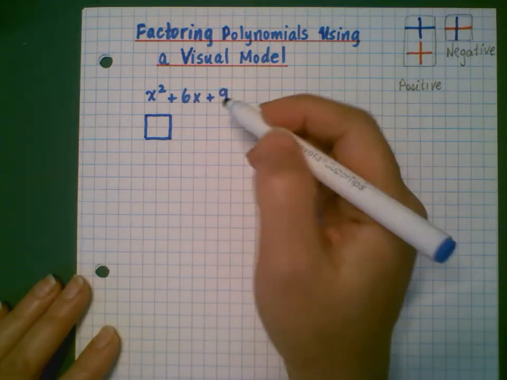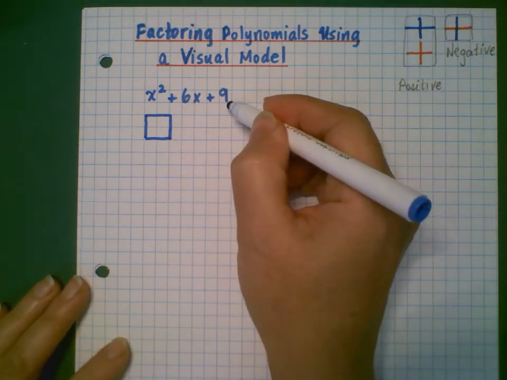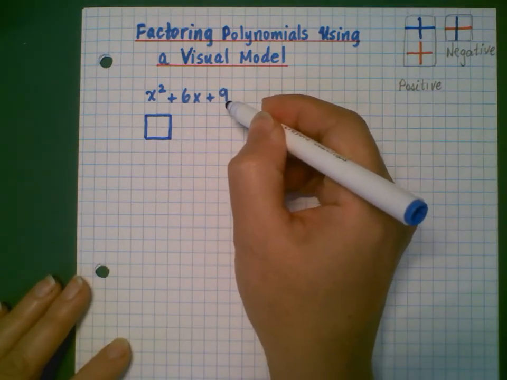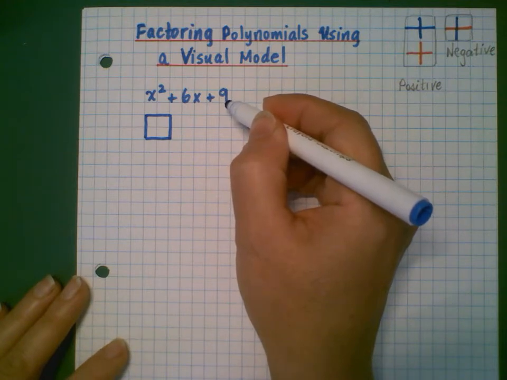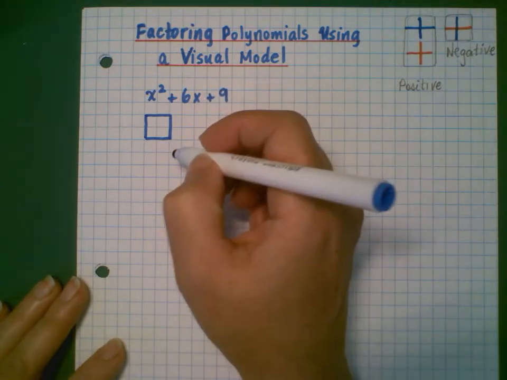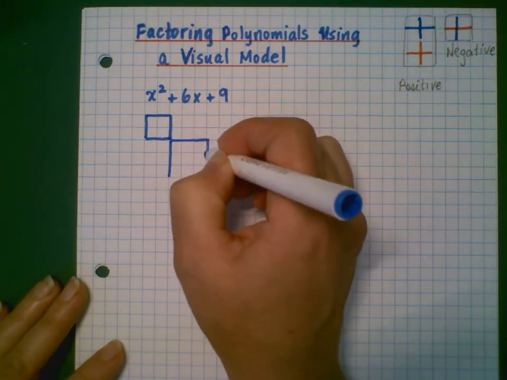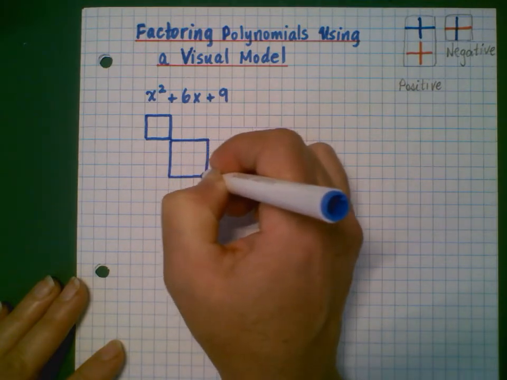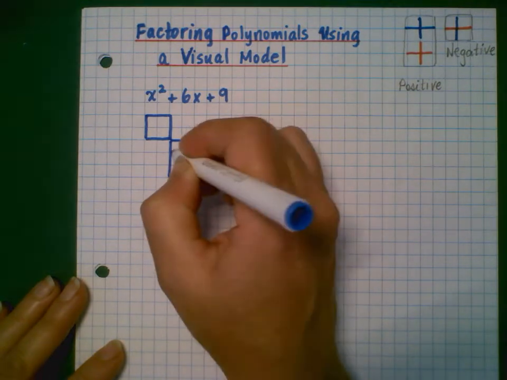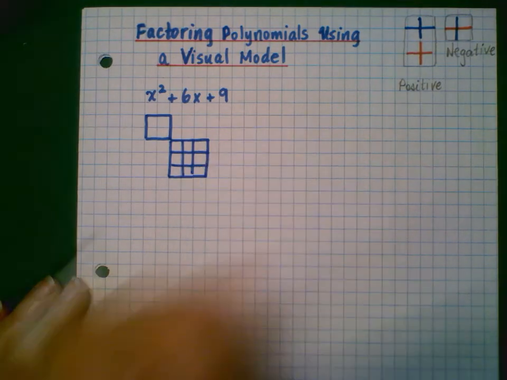Then I'm going to skip over that middle term and go to the 9. 9 is a constant, a number that I can count. So I'm going to think about how I could represent 9 on a grid, and right away I see 9 as a square that is 3 by 3, like this.